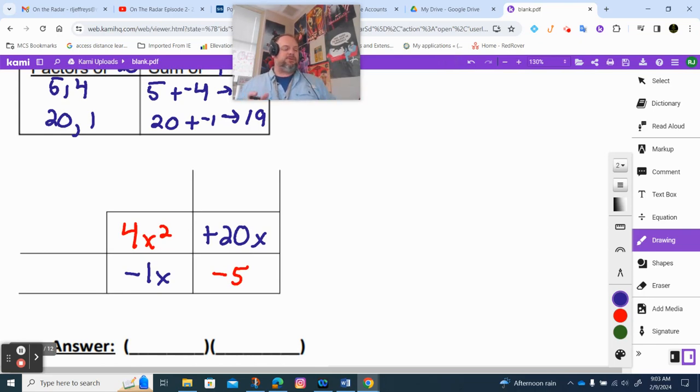So now make sure your box method is set up like mine, or we're going to get something kind of funky. On this row right here, what is the biggest number that will divide 4 and 20? 4. Yeah, you said 20 divided by 4 is 5.